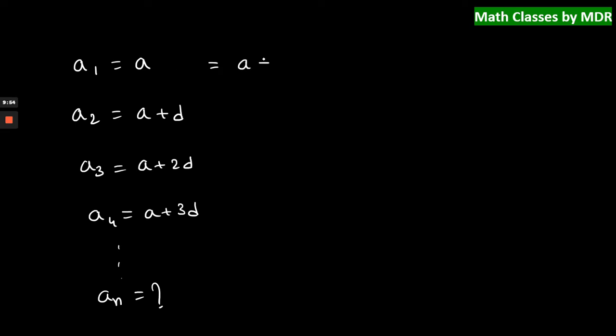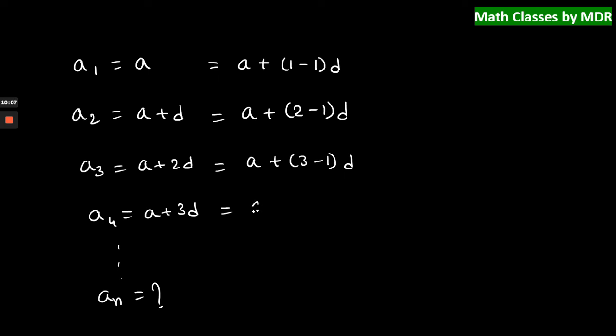The first term can be written as A plus 1 minus 1 into D, the second term as A plus 2 minus 1 into D, the third term as A plus 3 minus 1 into D, and the fourth term as A plus 4 minus 1 into D. See, in all these cases, this 1 is common, whatever we are subtracting, but the numbers are changing sequentially: 1, 2, 3, 4 correspond to the terms. In the first term we have 1 here, in the second term 2, third term 3, fourth term 4.